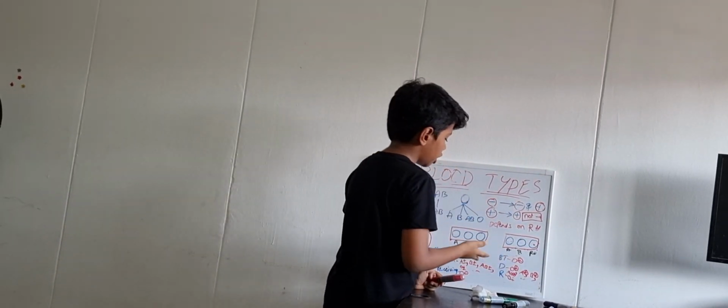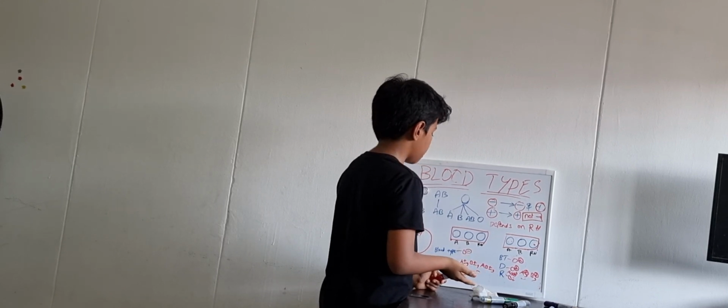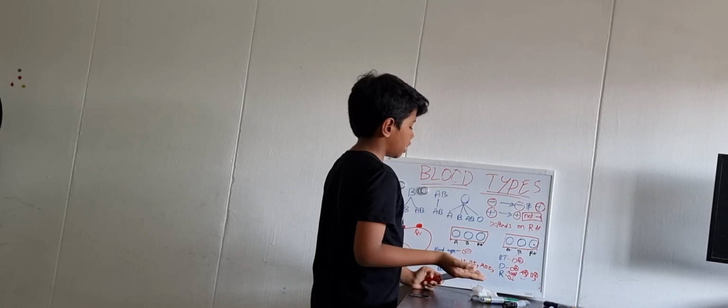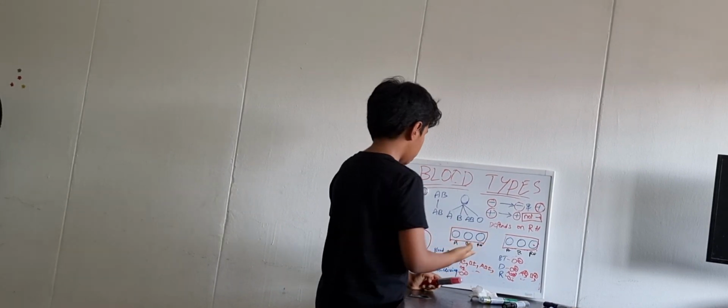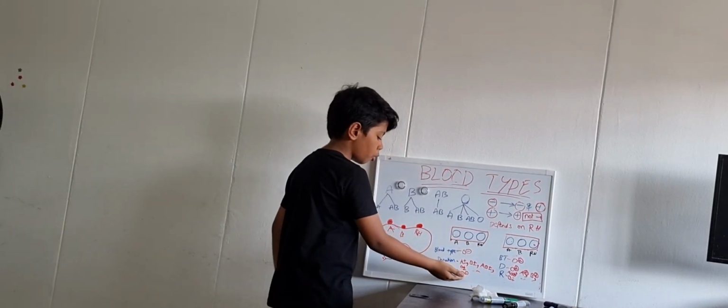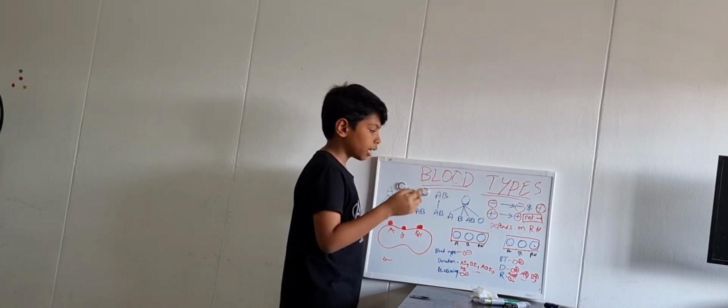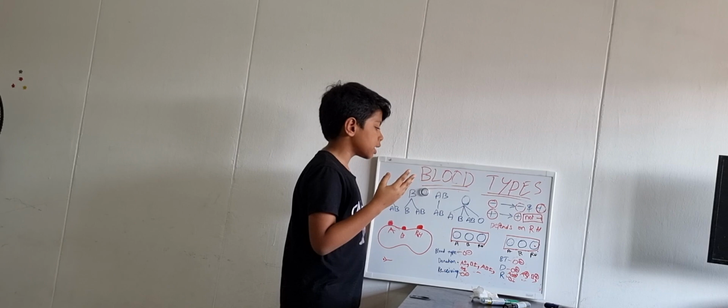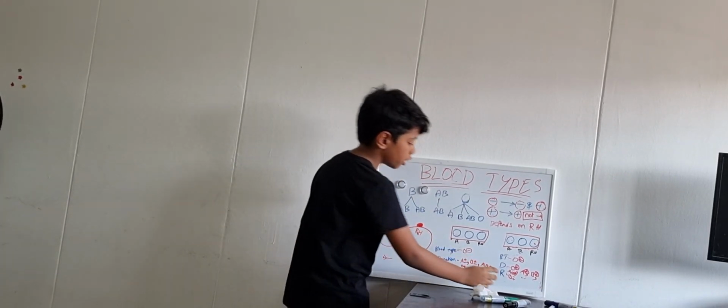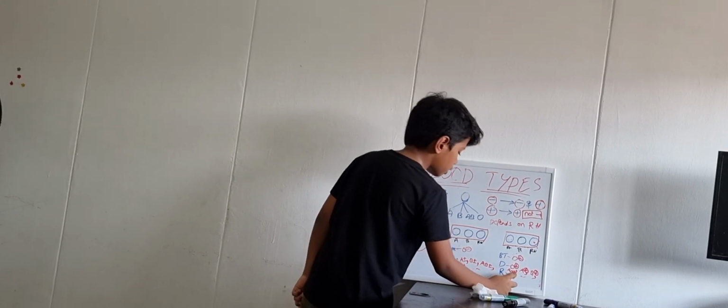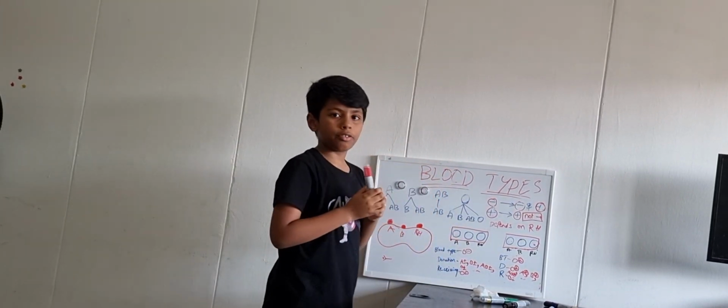And for the donation, you will have an O positive, A positive, B positive, and an AB positive. And receiving, I told you, all he could receive from is O. And what did I say? That a positive can only give to positive and not negative. It means if you're having any type of blood which is positive, the positive and negative will go on the receiving side. So you'll get an O negative and positive.